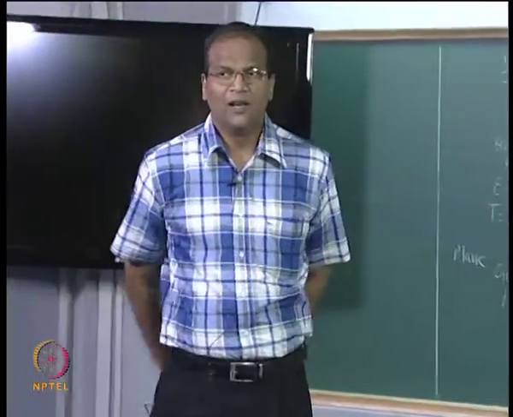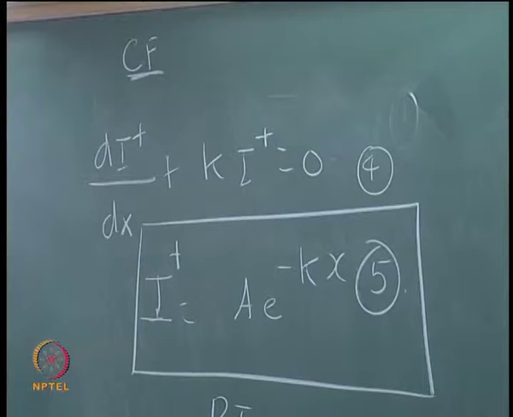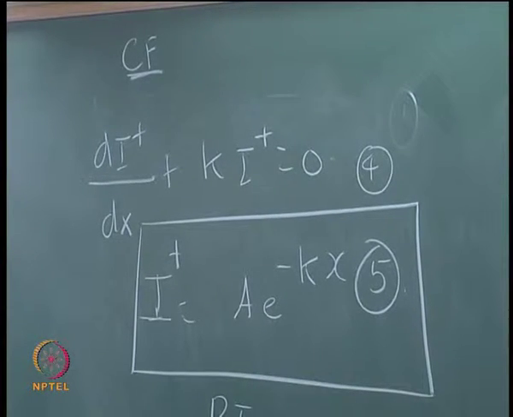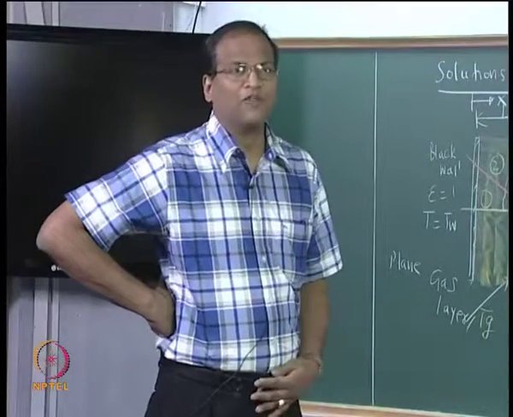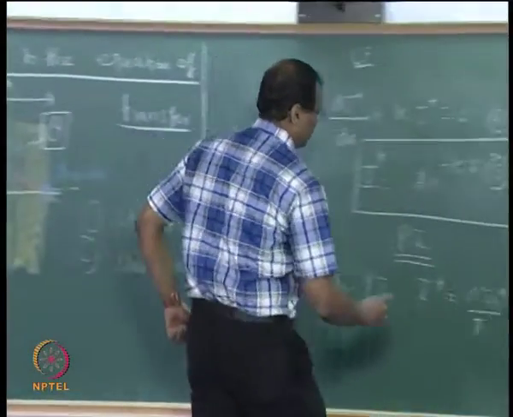The particular integral I plus equals sigma Tg to the power of 4 by pi is evident. How do you check it? Now put this particular integral back into equation 3. What will be the first term? dI by dx plus 0. Second term is kappa sigma Tg to the power of 4 by pi. Therefore, this is a particular integral to this problem. Therefore, the general solution consists of the sum of both the CF and the PI.